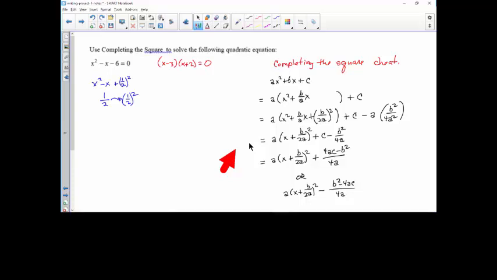And I'm going to add the 6 to both sides. Get that 6 over on the right. And I've just added 1/2 squared to the left, and 1/2 squared is 1 squared over 2 squared, which is 1/4.